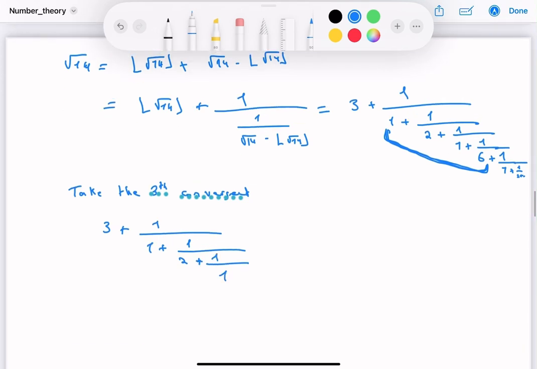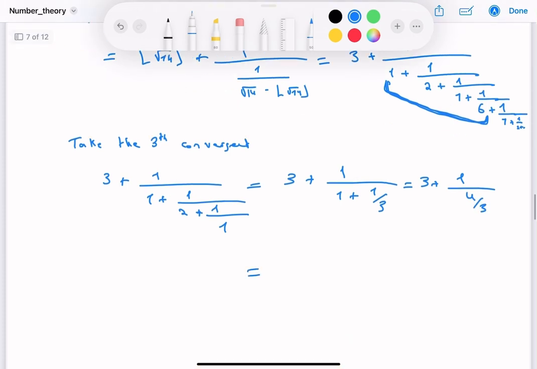So we're gonna stop here, and if we expand this, it's gonna be 3 plus 1 over (1 plus 1/3), and this is 3 plus 1 over 4/3, and this is 3 plus 3/4, which is 15/4.